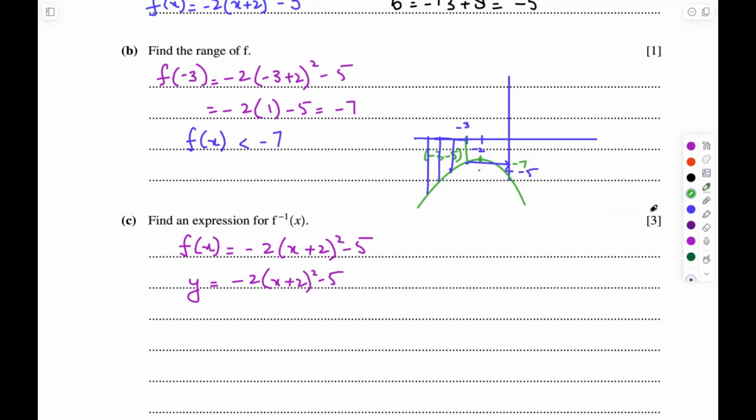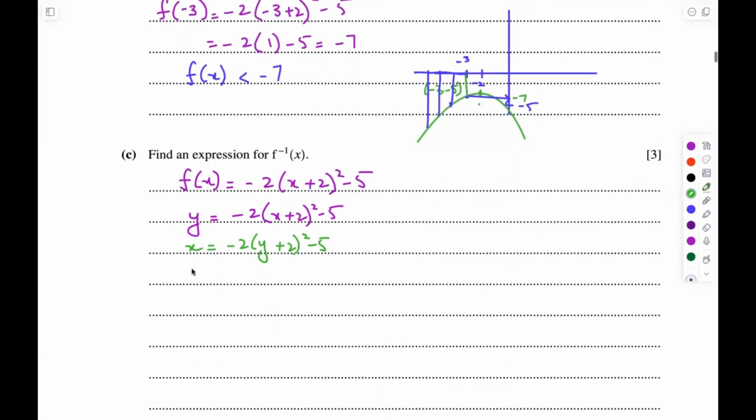Now exchanging the values of x and y, x equals minus 2 into (y plus 2) whole squared minus 5. Taking 5 to the other side, this will become x plus 5, and dividing by minus 2, (x plus 5) upon minus 2 equals (y plus 2) whole squared.